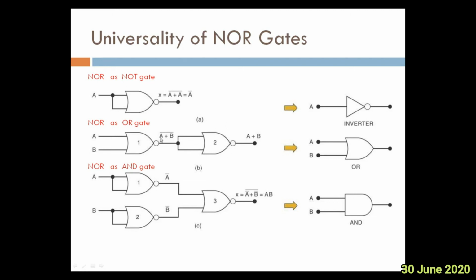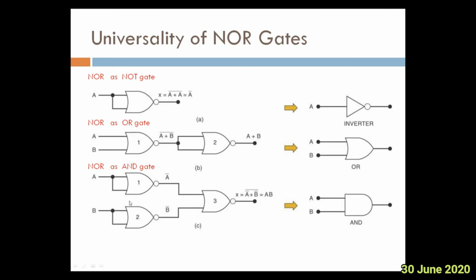So if I give input A plus B whole bar, the output will be A plus B whole bar, of bar. As per the complement law, the complement of a complement is the variable itself. So A plus B whole bar of bar is nothing but A plus B. It is nothing but the OR gate. Now we have represented NOR as an OR.